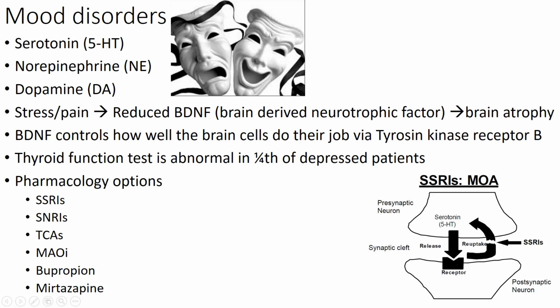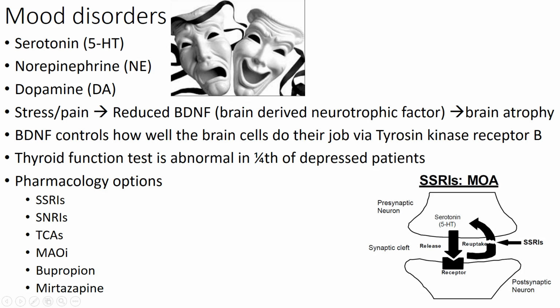TCA stands for tricyclic antidepressants, and MAO stands for monoamine oxidase inhibitor. The monoamine oxidase is something that breaks down basically the things involved in those synapses, and so if you leave this in there, then you're going to have more of them around, which is going to help the people feel better.